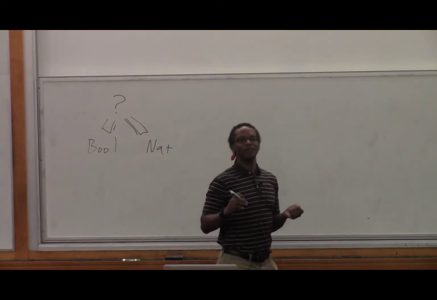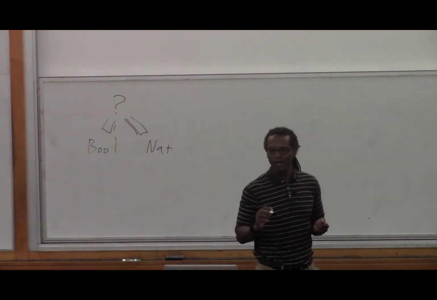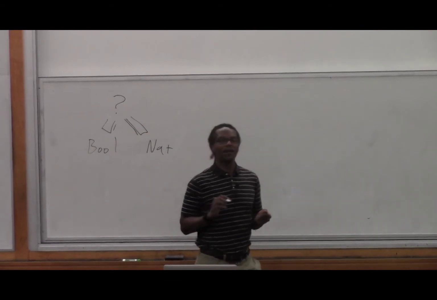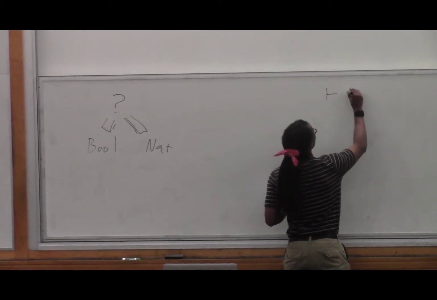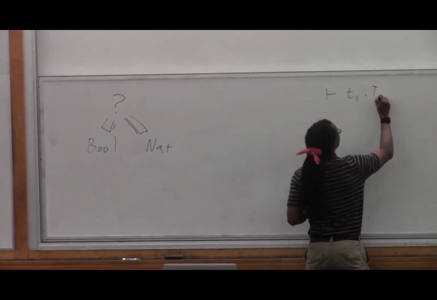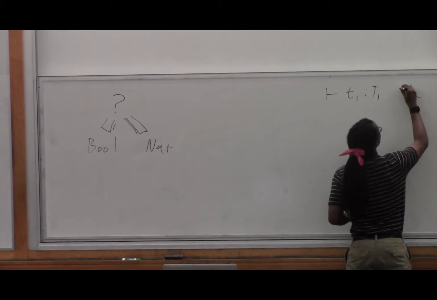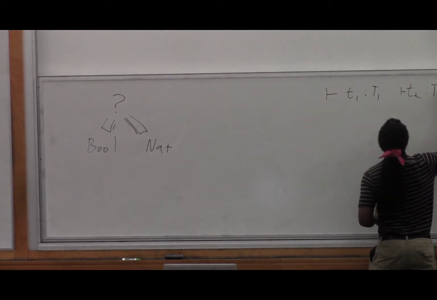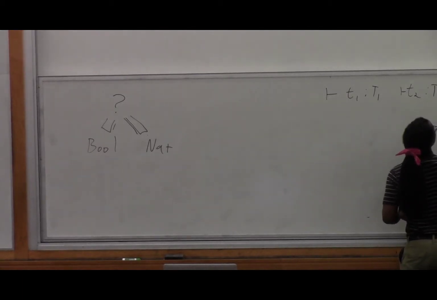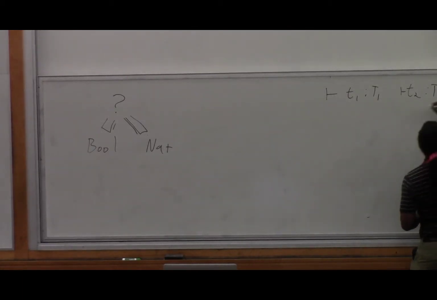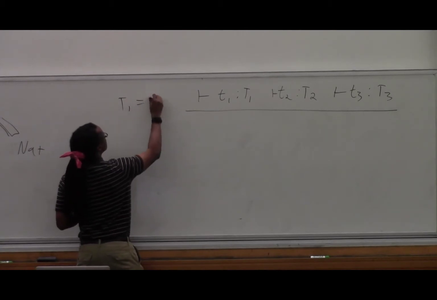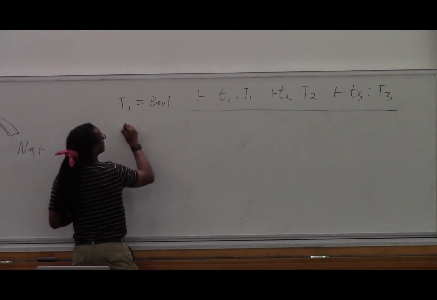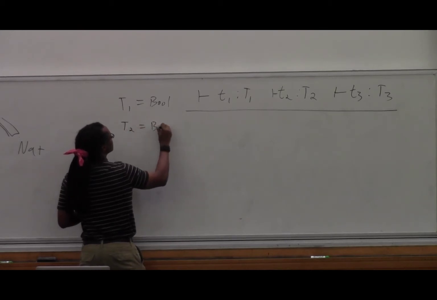So I started giving you this idea last time by talking about the typing rule for if, right? So the typing rule for if was: if T1 has type T1, T2 has type T2, T3 has type T3, and T1 equals bool, T2 equals bool.